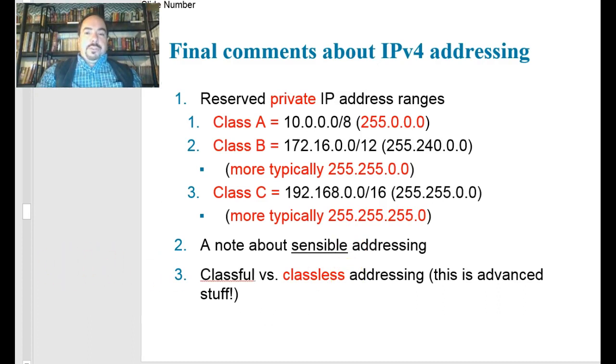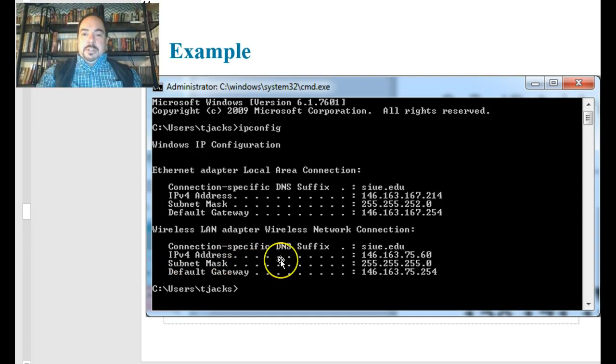So maybe if I give you an example, if I look at my IP addresses, this is an old screenshot, assigned to my Ethernet adapter and then my wireless adapter, notice I've got 2 network cards in my laptop. The Wi-Fi, for whatever reason, is using what I would call a Class C subnet mask. Well, let's just call it a /24.